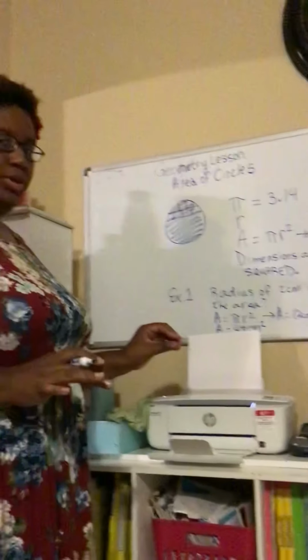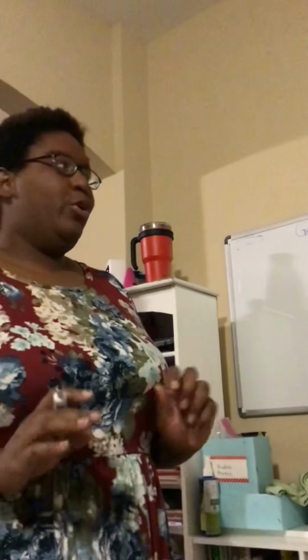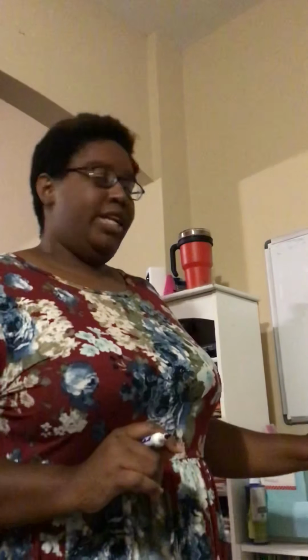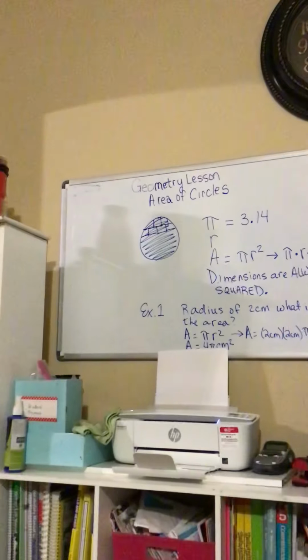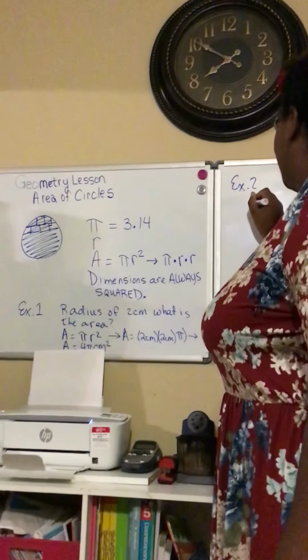It's very simple. Now where this can get tricky is on some questions they will give you the diameter instead of giving you the radius. Let me show you how that would work. So let's look at example 2. And the question might look like this.